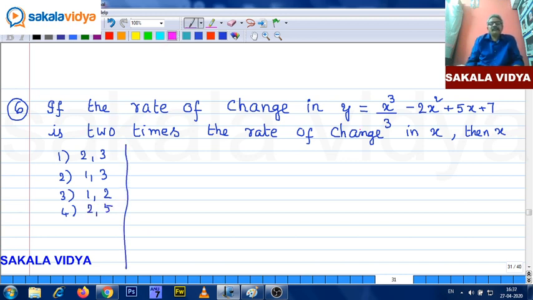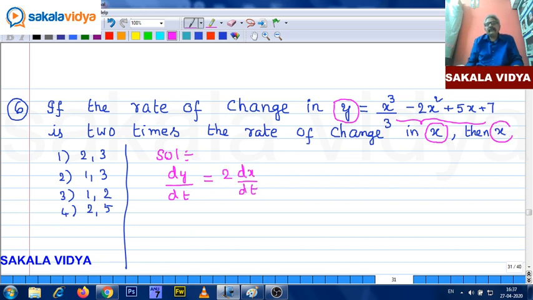The rate of change in y in this one is 2 times the rate of change in x. So, what is given in the problem is dy by dt equals 2 times dx by dt. Then we need to find out x value. First, given curve y equals x cube by 3 minus 2x square plus 5x plus 7.